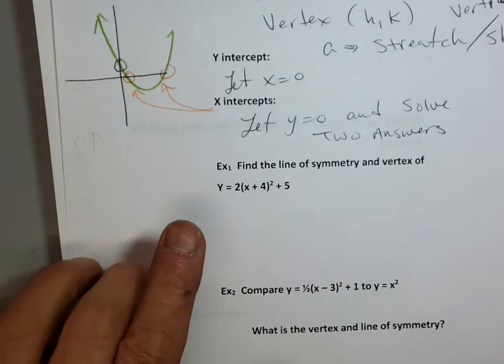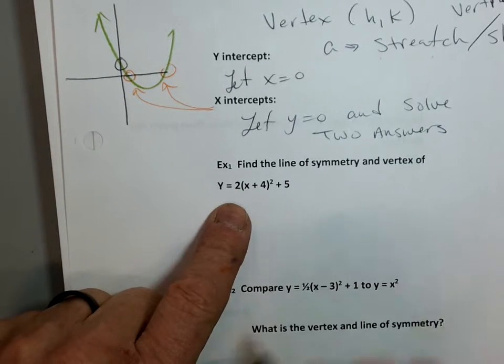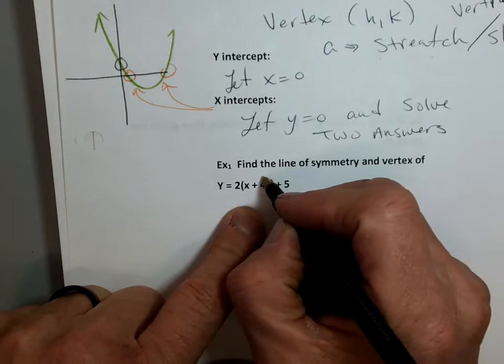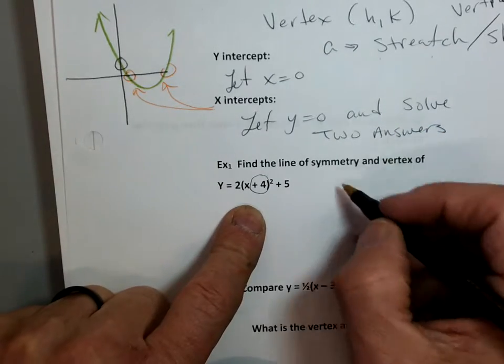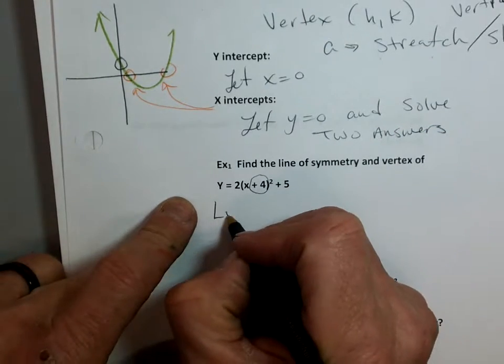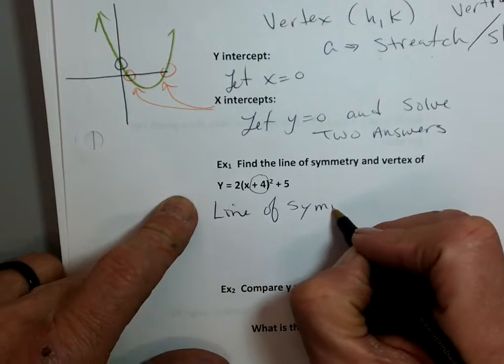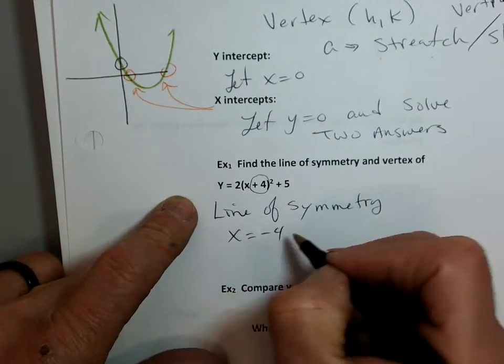So now let's take a look at example number 1. Find the line of symmetry and the vertex, okay? If I want to find the line of symmetry, that's easy. It's in vertex form, right? It's simply going to be that number there, but the opposite. So in this case, my line of symmetry is simply x equals negative 4.